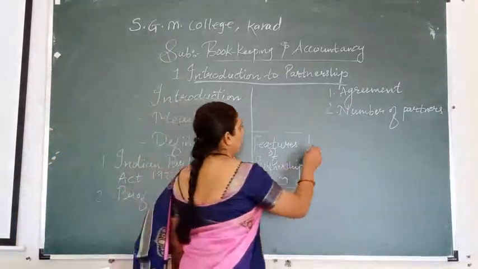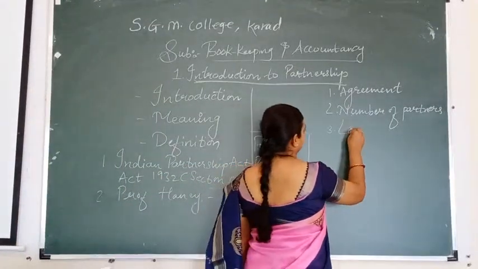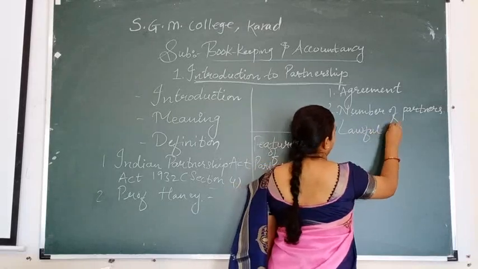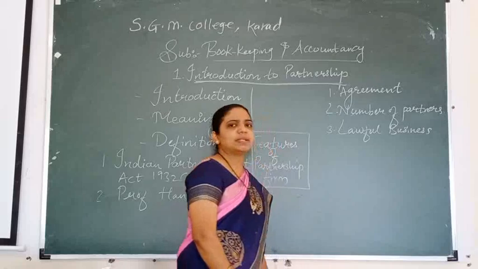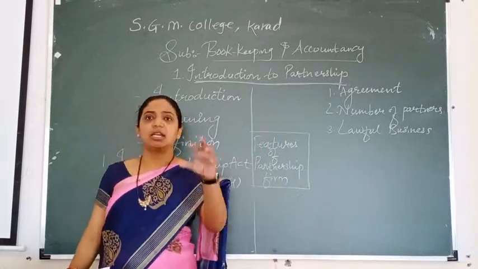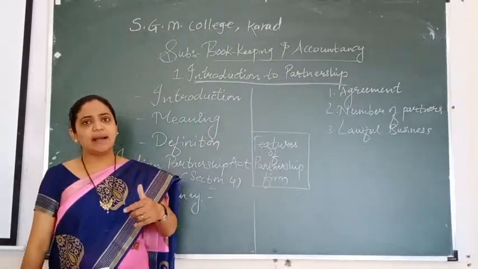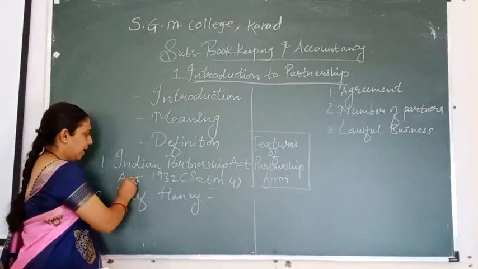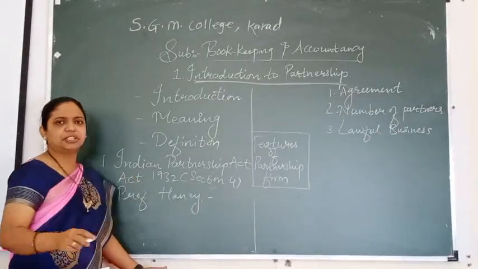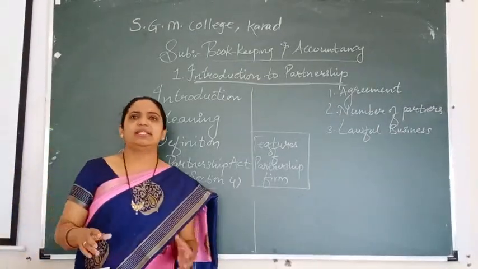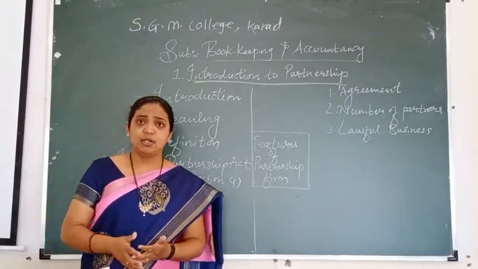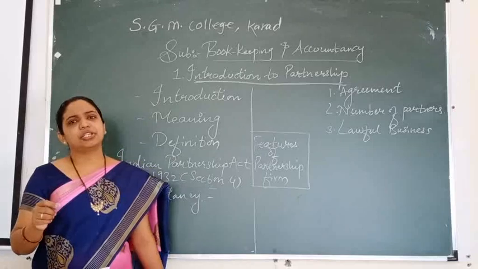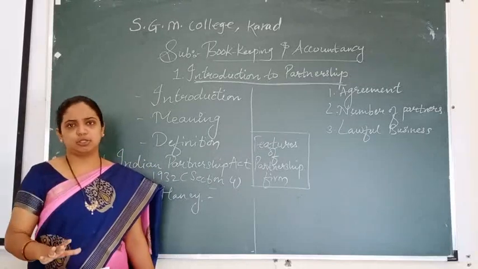Number 3 is a lawful business. Yes, of course, the business is always done under the law. It is registered under the Indian Partnership Act of 1932, and it is useful when it is registered, when a deed is signed. So under the Indian Partnership Act, only lawful business should be done.